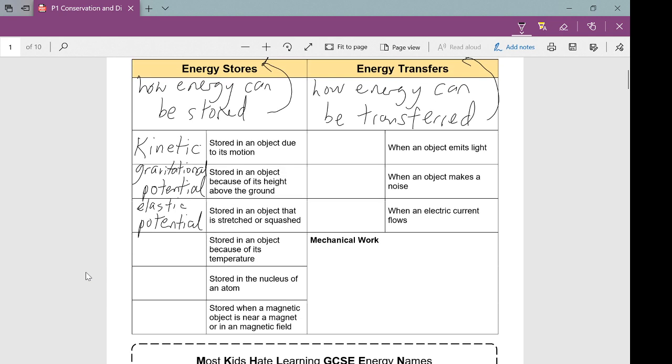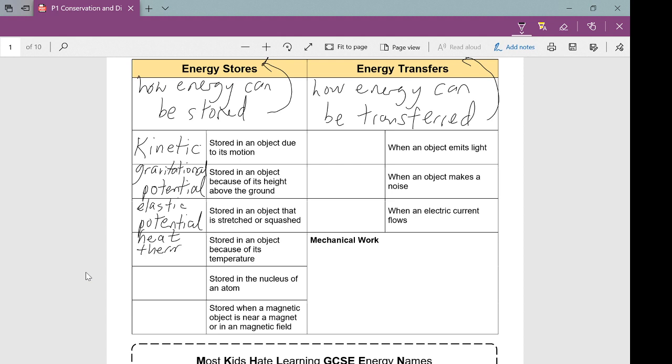We actually have a few names for this next one, stored in an object because of its temperature. There are three things that we can call this. Heat is one of them. Anyone know two other names? Thermal is another one.